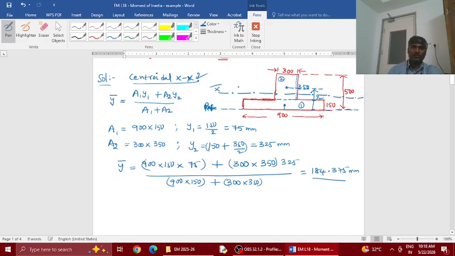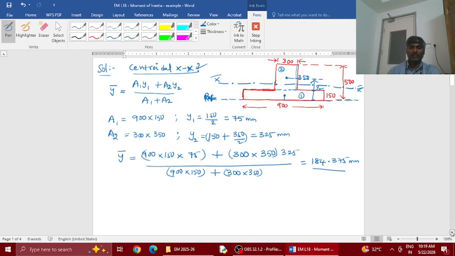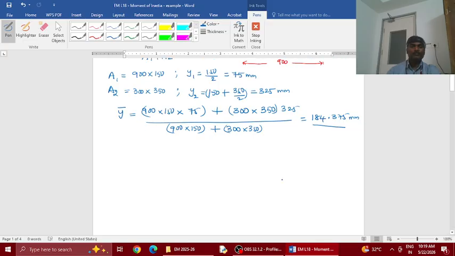So this is our x bar line. Now about this line, you want the moment of inertia. So that is the next step. The moment of inertia of this figure, I about the x bar line, will be found by adding the figure 1 moment of inertia about that centroidal line and the figure 2 moment of inertia.